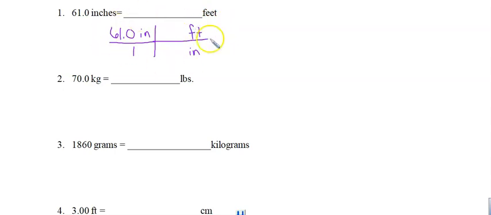And then we have a simple table, what I call a two-step or tic-tac table, dimension analysis table. Then we're going to set this as an equal statement, and we want to know how many feet equals how many inches, basically. And we do know that in 1 foot there are 12 inches.